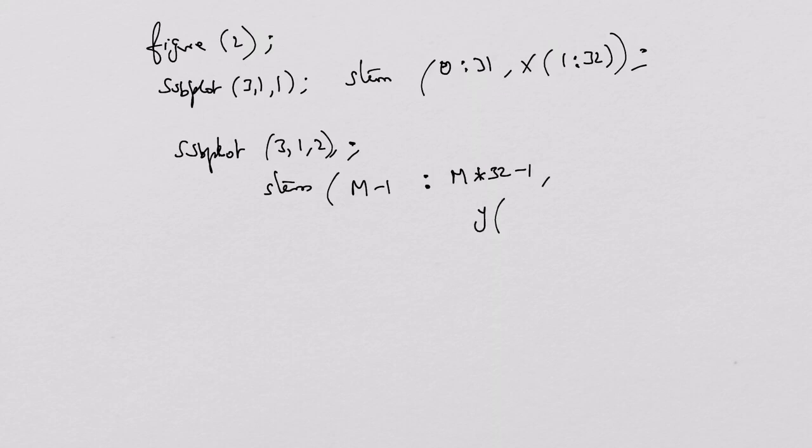How to view it? m minus 1 colon the last value, which will be m asterisk 32 minus 1. Now, to view the upsampled signal and the original signal, we may have to go for plotting functions again. Do you want me to plot? Let me go to a fresh page. Subplot of 3, 1, 1.